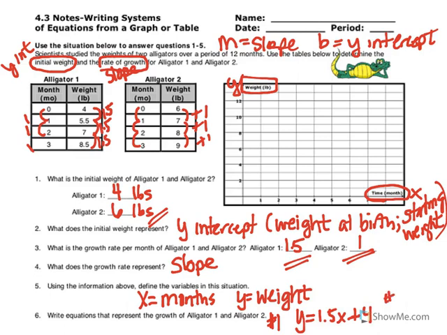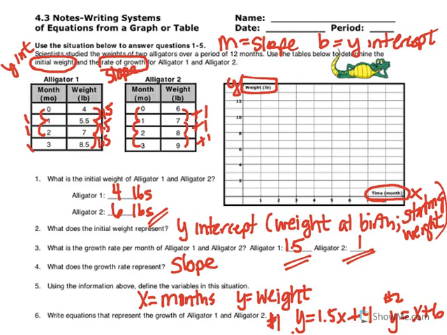And old number 2 alligator is going to be y equals x plus 6. Because it needs to be 1, and that's 1x right there. We don't see the 1 in front of it, but there it is. There's your two equations.